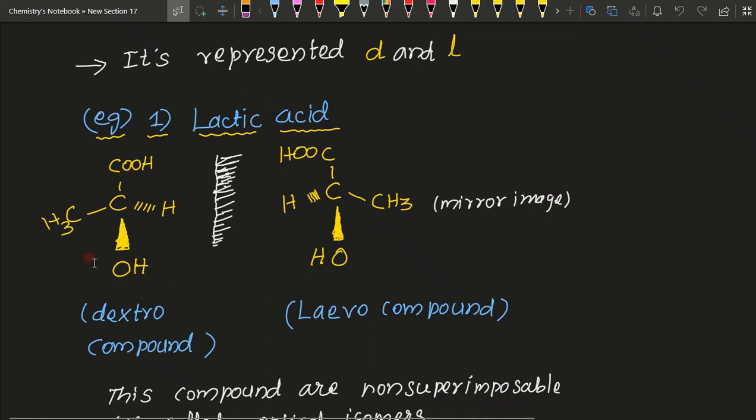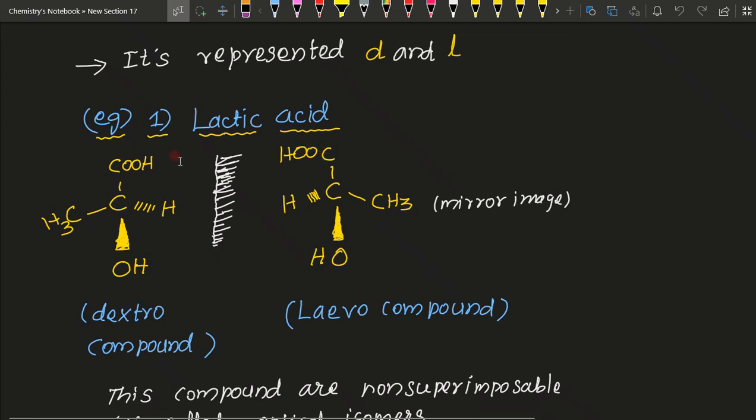COOH, OH, on this side methyl group, on this side hydrogen. But in the levorotatory one, the methyl group goes to the right side, while the carboxylic acid stays in the same position.